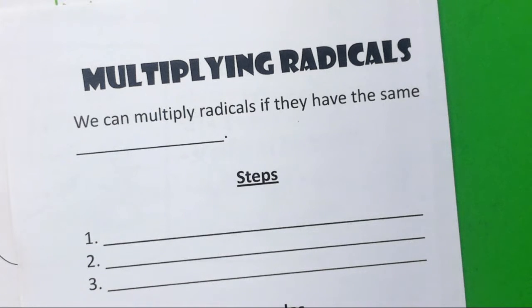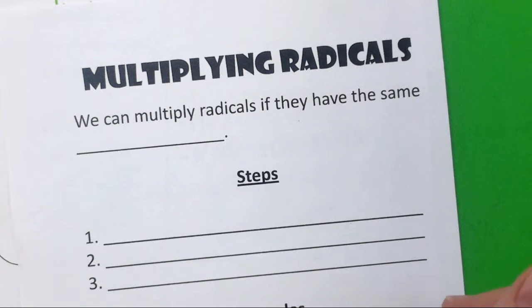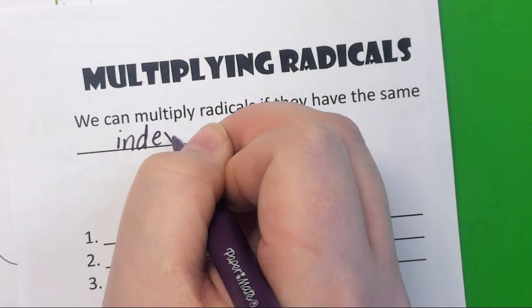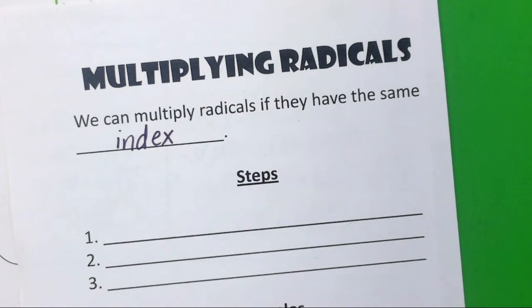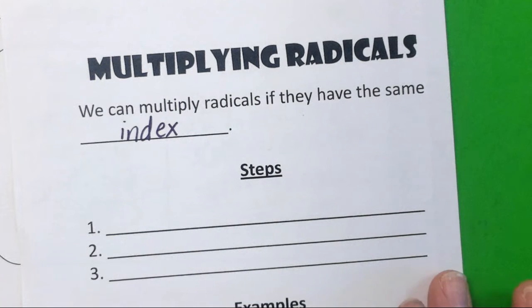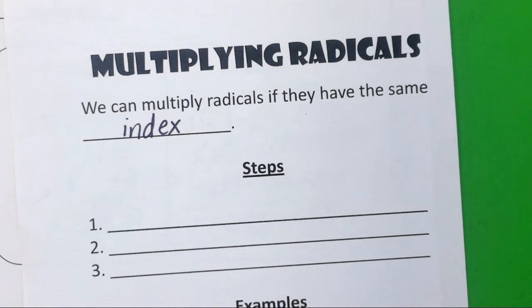We can multiply radicals if they have the same index. There is a difference between adding and subtracting and multiplying.